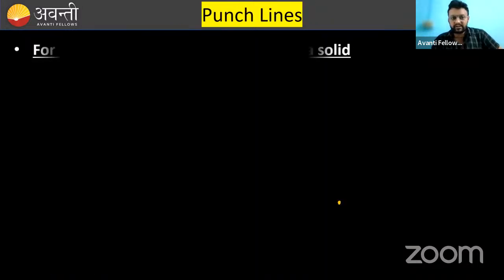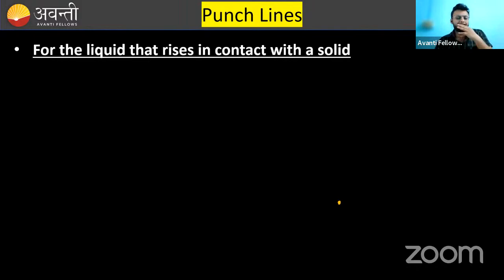So there are a few punchlines. For the liquid that rises in contact with a solid, now tell me whether it is the first case or the second case that we have drawn earlier on the previous slide. This is the first case. The liquid rises in contact with a solid.